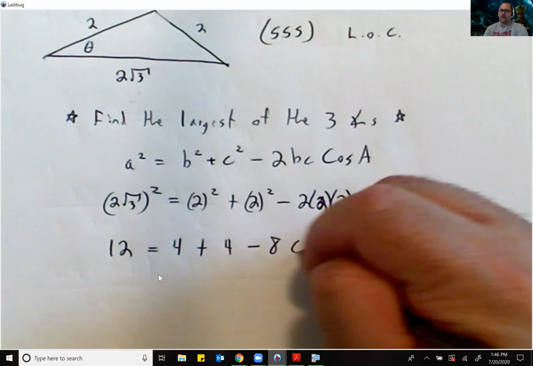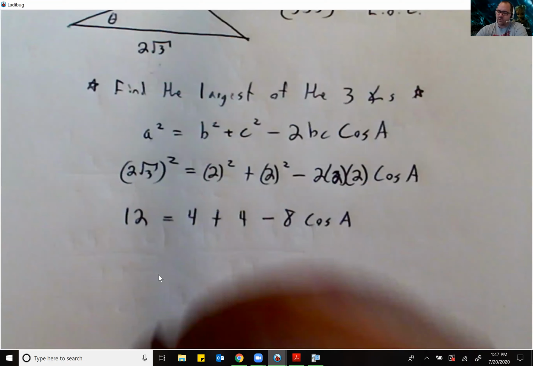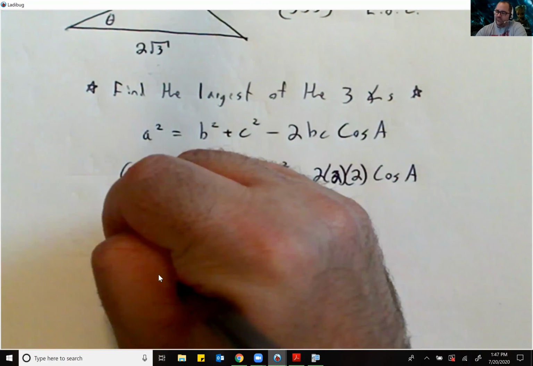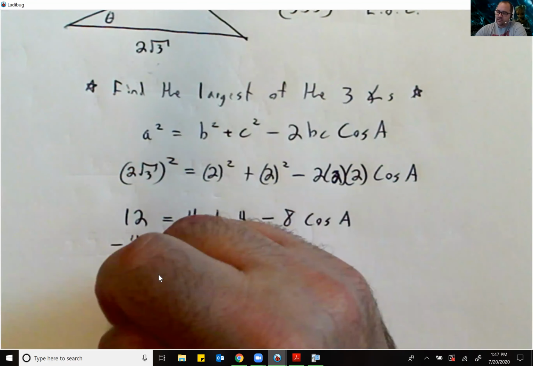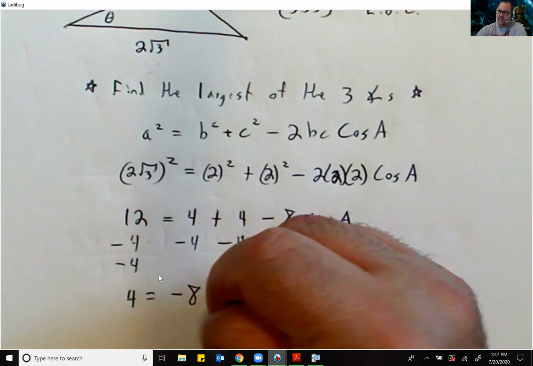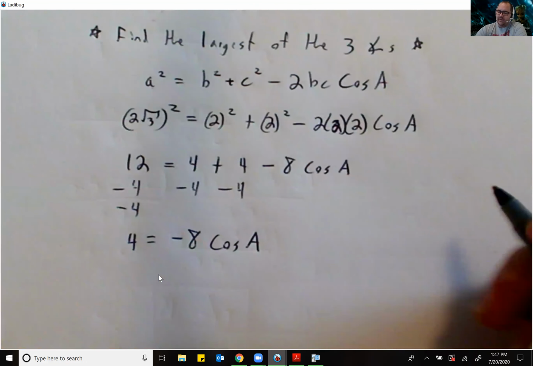Cosine A. We're going to subtract 4, and that will give us 4 equal to negative 8 cosine A. Divide by negative 8.